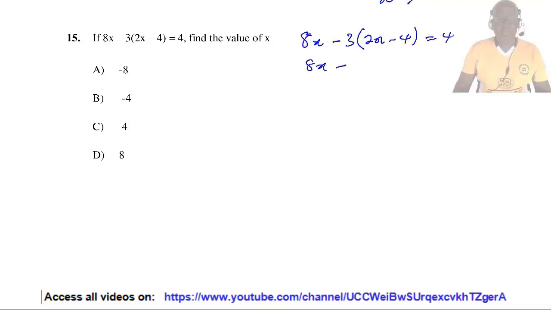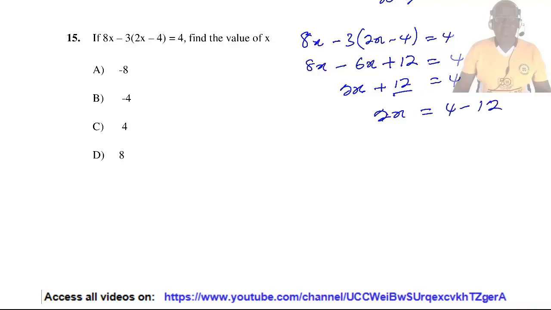We shall multiply through, we shall get 2s plus 12 equals 4. We shall send 12 to the other side of the equation and the sign will reverse, so 4 minus 12, which equals minus 8, and then 2s. So s equals minus 8 divided by 2, which equals minus 4. So the answer is B.